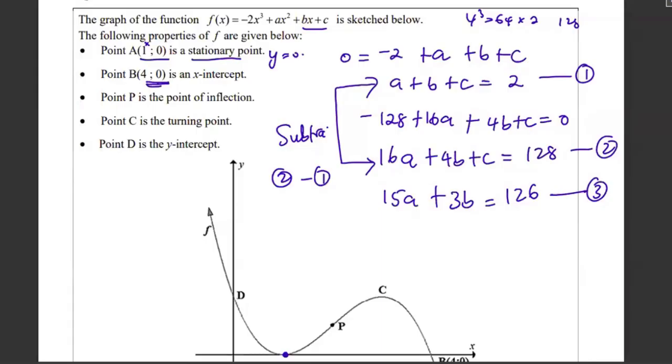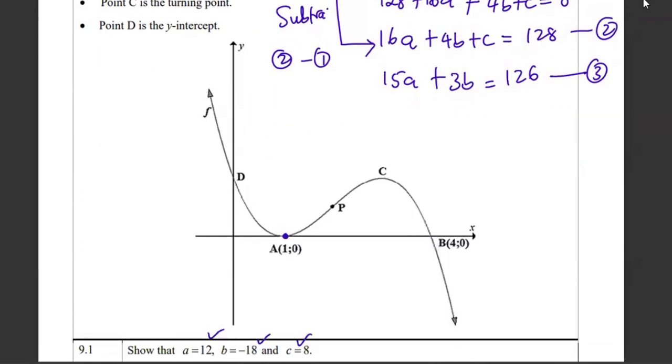Let me just finish it since I'm already halfway through it. One thing I've noticed is that this is a turning point and an intercept, meaning it's supposed to be something like x minus something squared plus and so on, but it's fine.